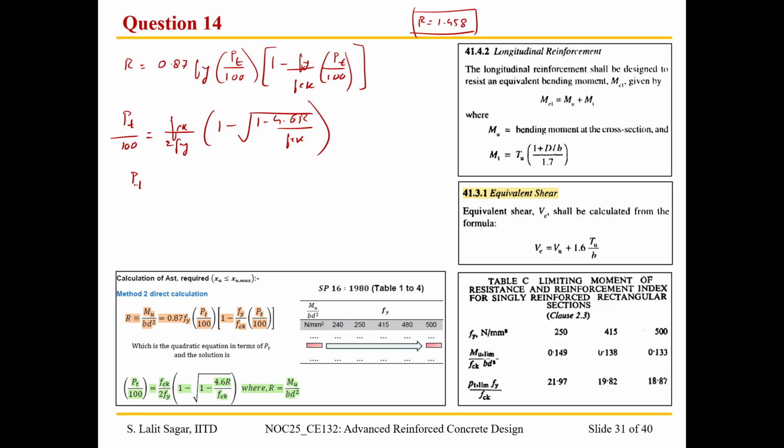So Pt by 100 is equal to, Fck is 30, right? So from this, I got a value of Pt is equal to 0.356.